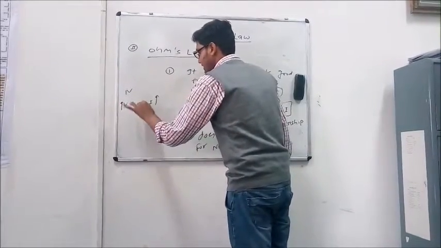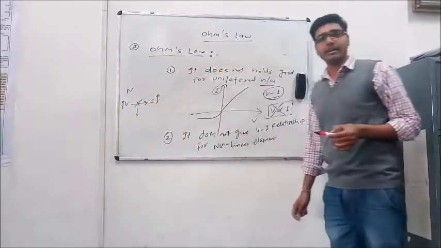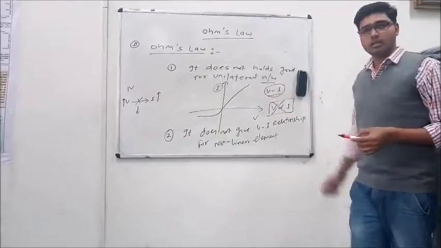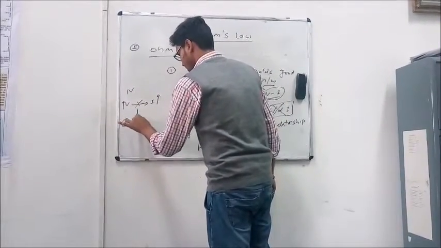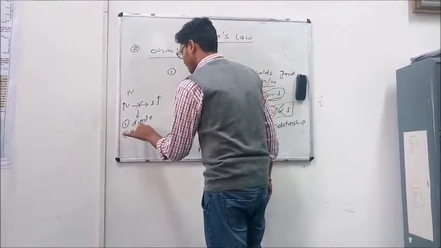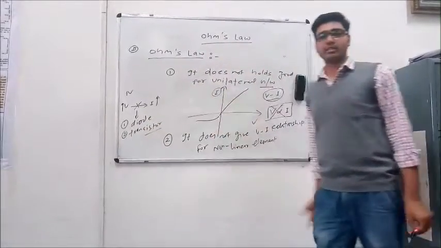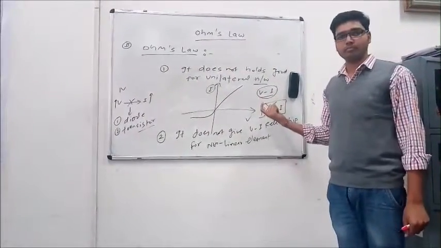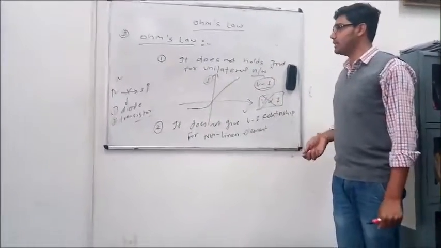This kind of behavior is not followed by some electrical components or networks. Examples of non-linear elements are the diode, the transistor, and so on. For these components, we won't be able to get the voltage and current relationship by using Ohm's law. So these two are the limitations.